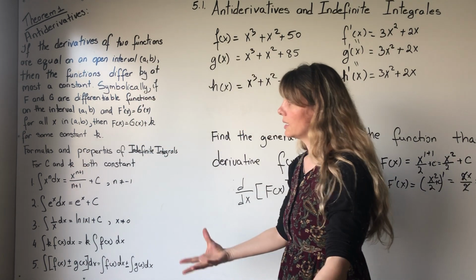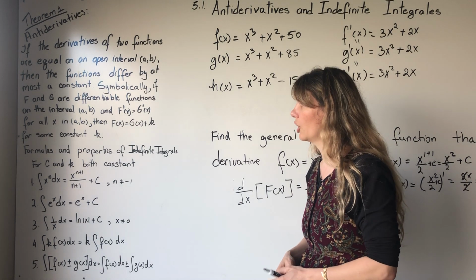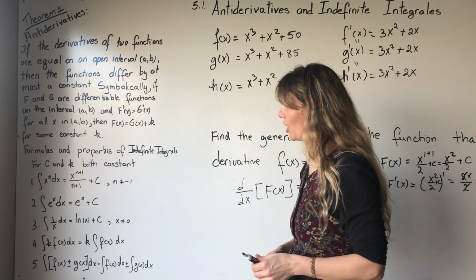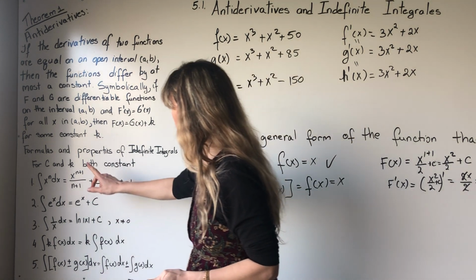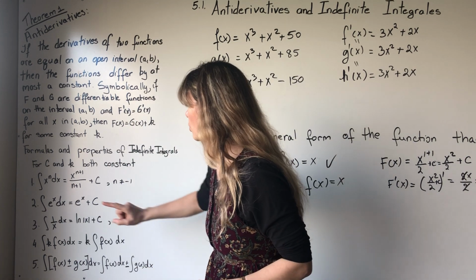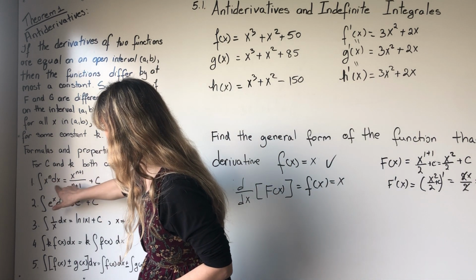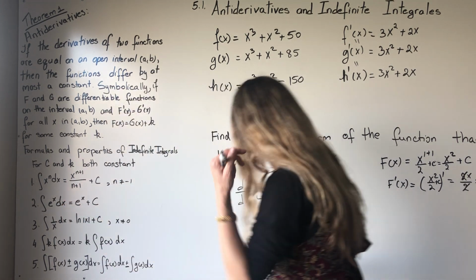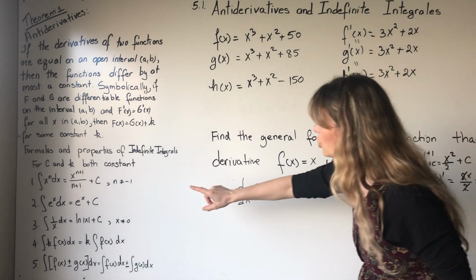Alright, now let's see the formulas and let's learn them, so it will be easier for us to solve this indefinite integral. So, formulas and properties of the indefinite integral, for c and k both constant. The integral of x to the n dx. Do you remember what we did here? We add 1 to the power.